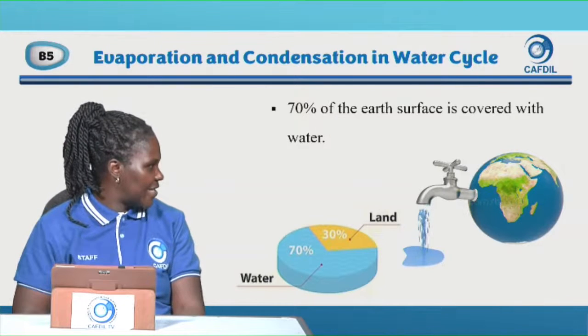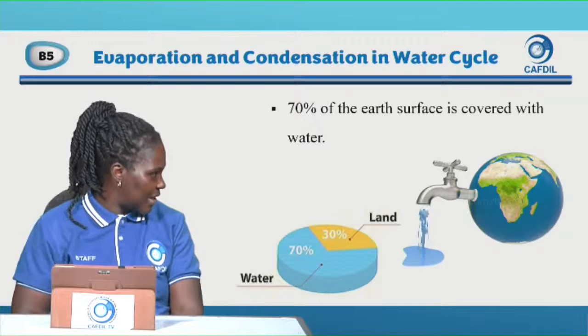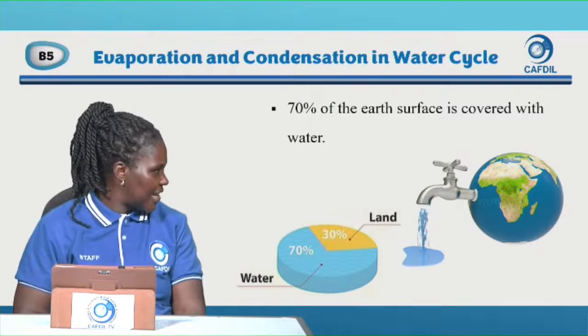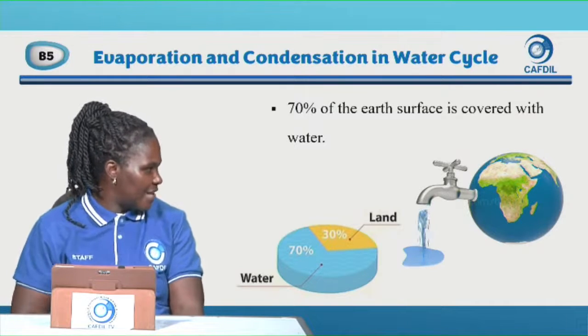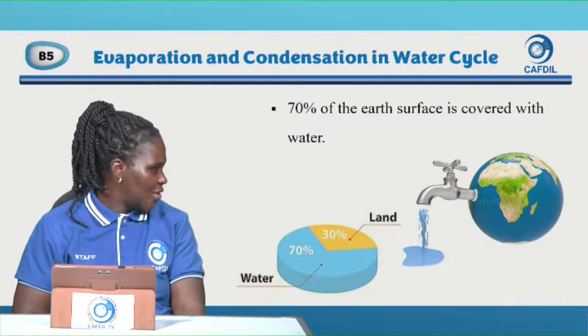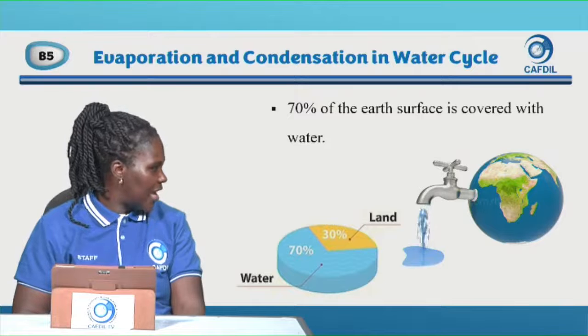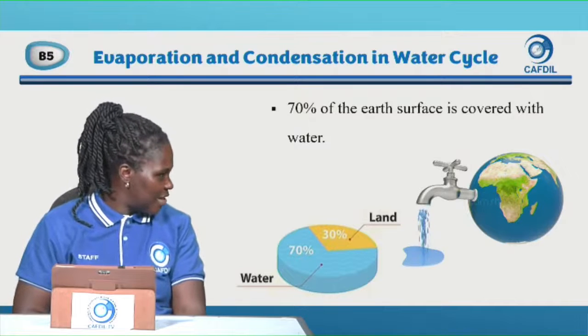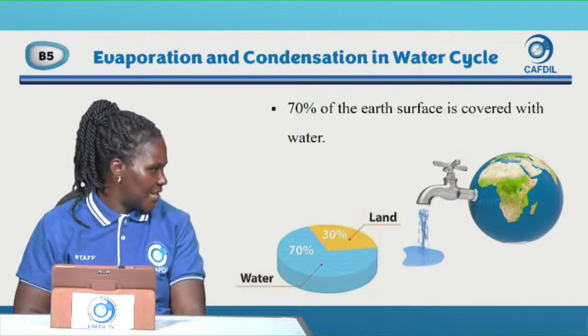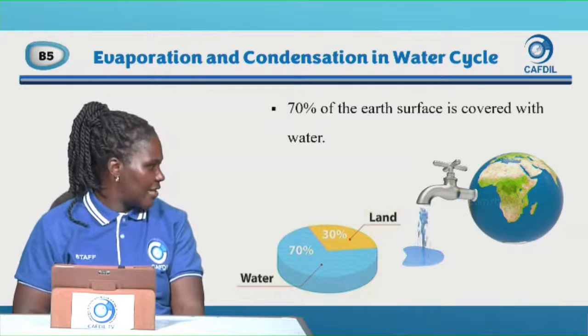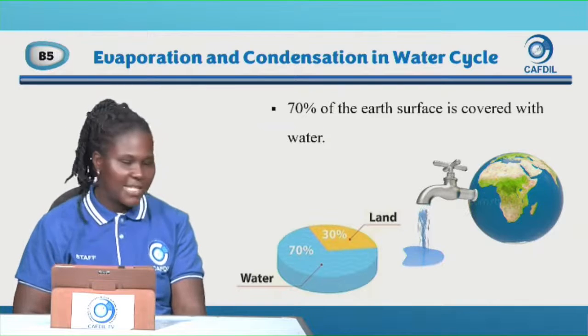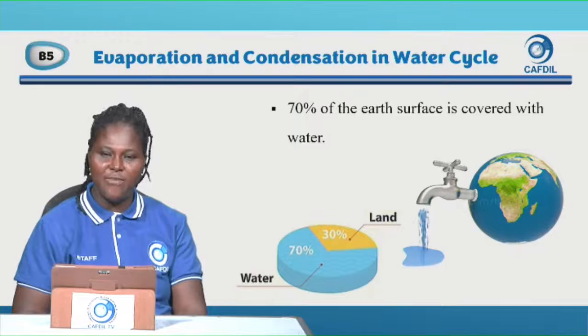Good. Now let's look at something else. 70% of the Earth's surface is covered with water. When we consider the Earth to be 100%, we have only 70% as water, and only 30% for the land that we are living on.